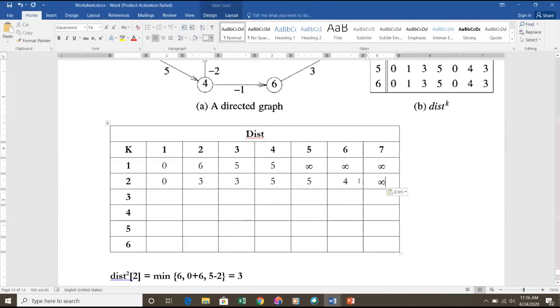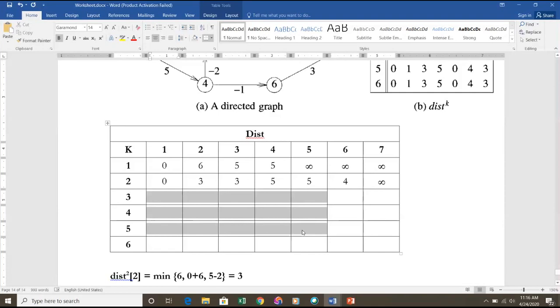So this is the completion of the second row, when k is equal to 2. Now we have to calculate the same thing when k is equal to 3 for all the vertices. Distance of 1 is always 0, no change in that.